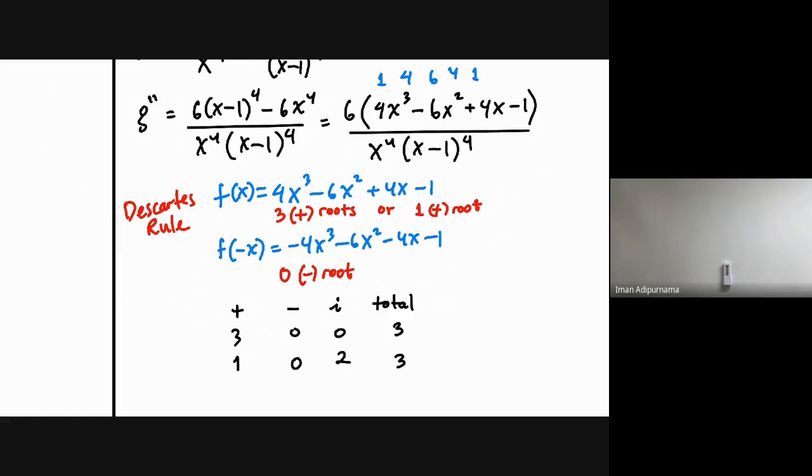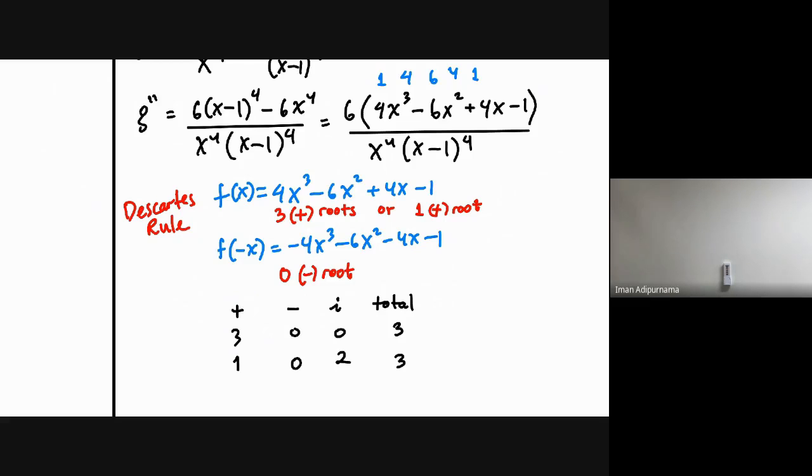And the rule says, so why is this 1 here? The rule says that if you count the sign changes, you need to subtract an even number, which is 2. So if you get 5, you subtract to get 5, 3, 1, or 0.